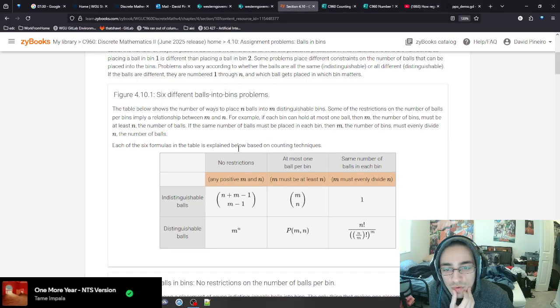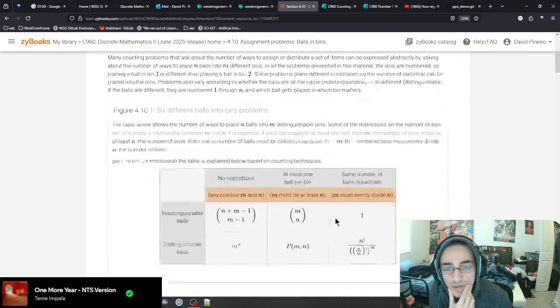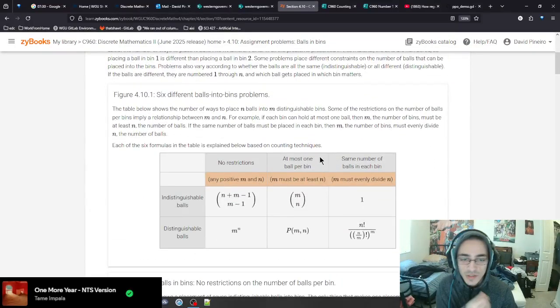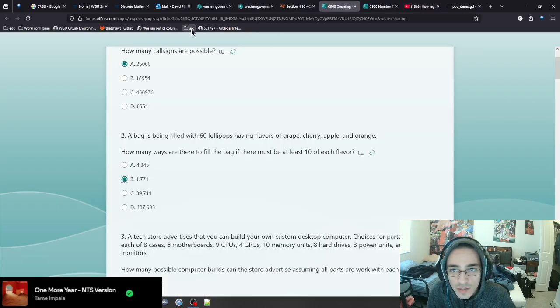So, huh. I think I have to memorize this or something. Yeah, I'm pretty sure I have to memorize this.